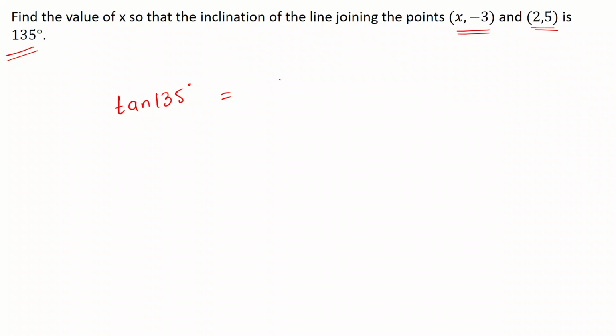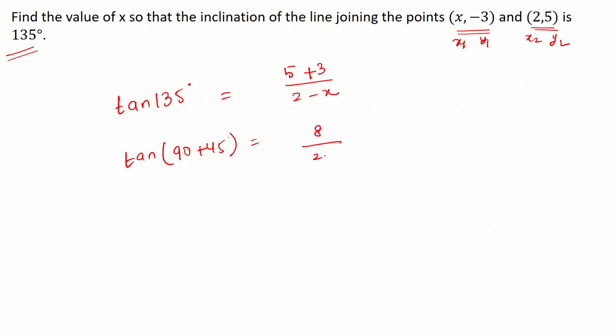So if I take this to be x1, this is y1, this is x2, this is y2, then my slope is given by 5 minus minus 3, which is 5 plus 3, divided by 2 minus x. Tan 135 degrees can be written as tan of 90 plus 45 degrees, which is equal to 8 by 2 minus x.